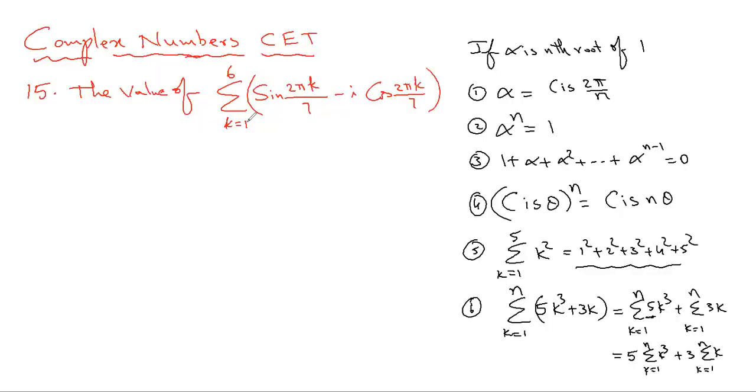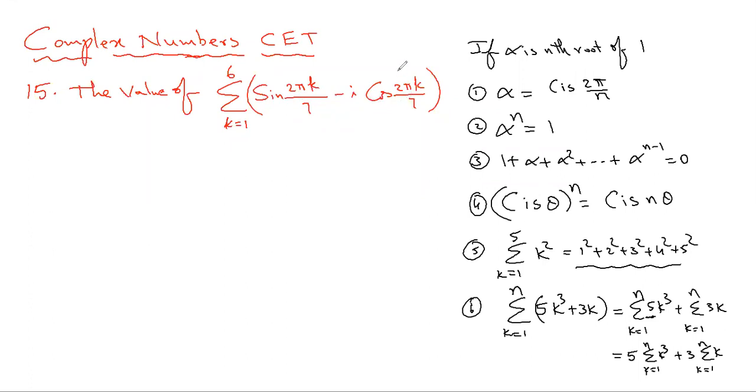Now, one more thing is the polar form of a complex number is cis theta, that is cos theta plus I sin theta. But here you have sin theta minus I cos theta. To convert this, we can use one method where sin can be written as cos of 90 minus, and cos as sin of 90 minus.